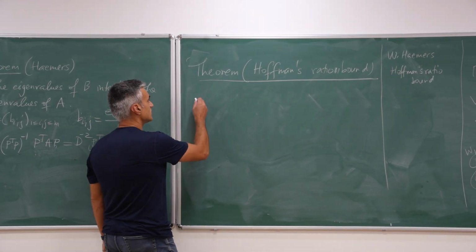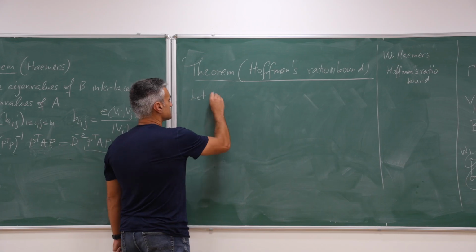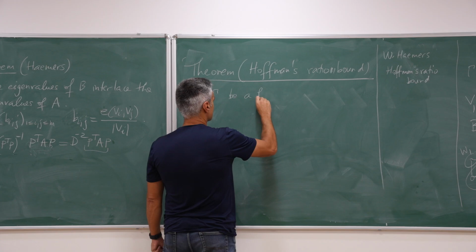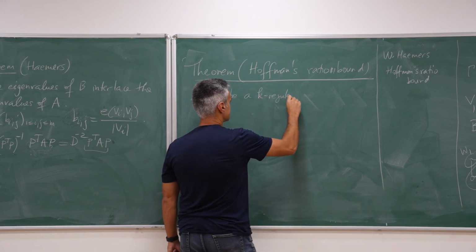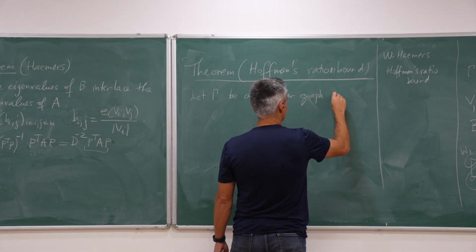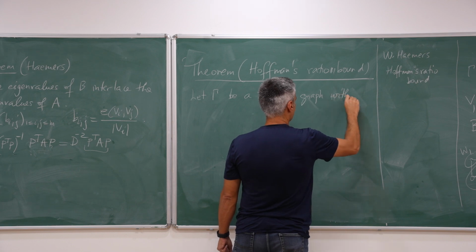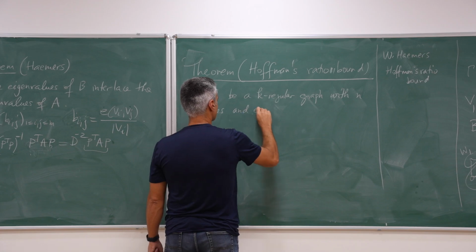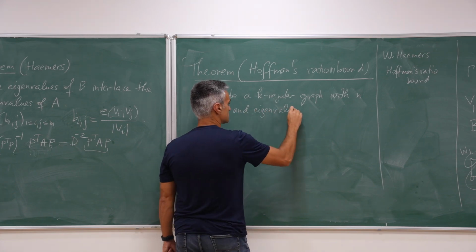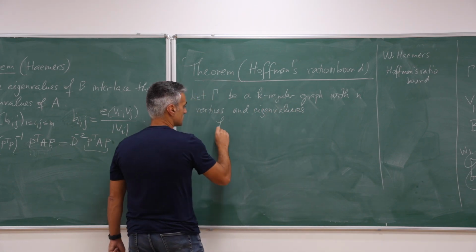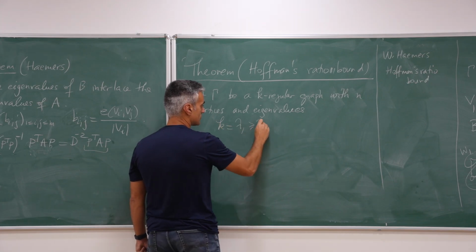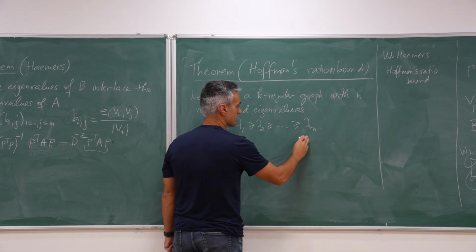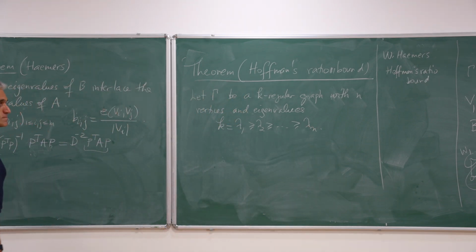So what is this bound? This is a bound for the independence number of a graph. Let gamma be a k-regular graph with n vertices and eigenvalues of the adjacency matrix, where k is the largest one, greater or equal to lambda n, the smallest.